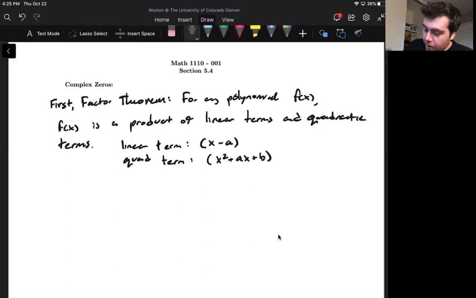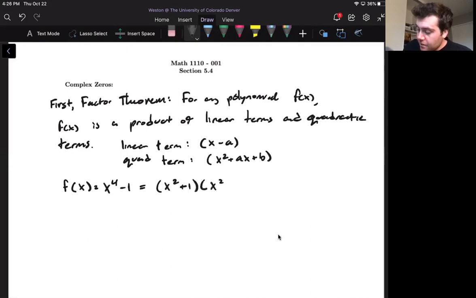So if we have a polynomial, say f of x equals x to the fourth minus 1, then we can break this down into linear and quadratic terms using the difference of squares trick. We know that it can be factored like this to get x squared plus 1 times x squared minus 1. And pause the video and FOIL that out just to make sure that that is correct.